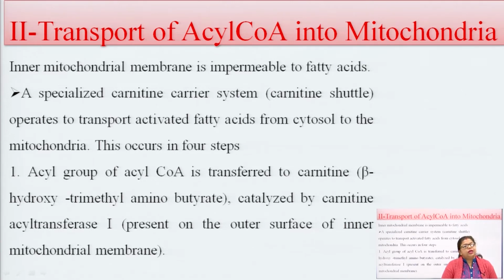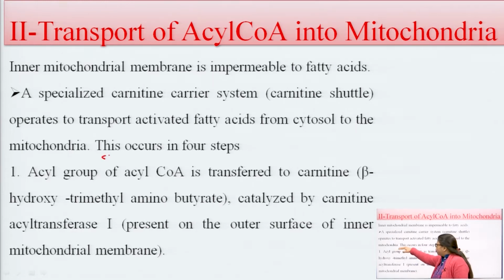Fatty acids are not directly transferred into the mitochondria. So, a specialized carnitine carrier system, also known as the carnitine shuttle, is required for the transport of activated fatty acid from the cytosol to mitochondria.